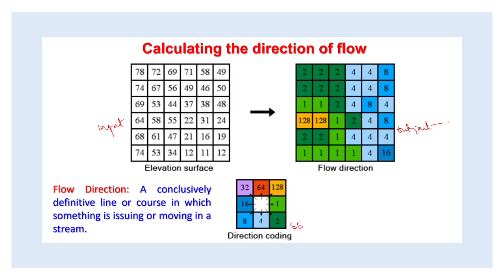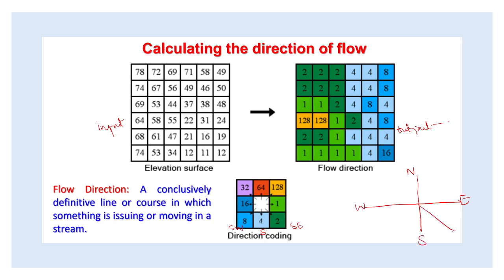Then we have 4, which is south, and then we have 8, which is southwest. If you consider the map like this, this is north, east, west, south.